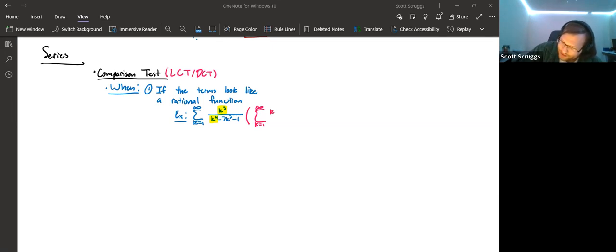So for this particular example, it would be k cubed over k fourth. K cubed because that is the highest order term in my numerator, k to the fourth power because that is the highest order term in my denominator. Simplify. I need to redo that. That needs to be 1 over k. And that helps me form the series that I want to compare with.